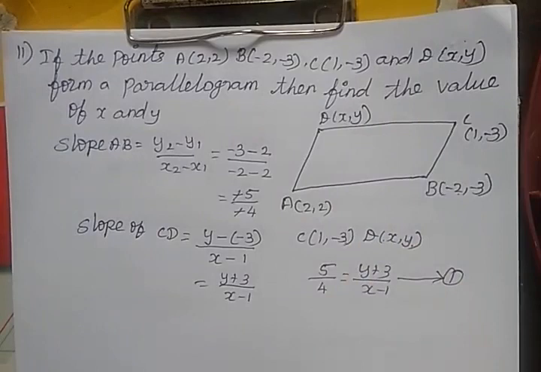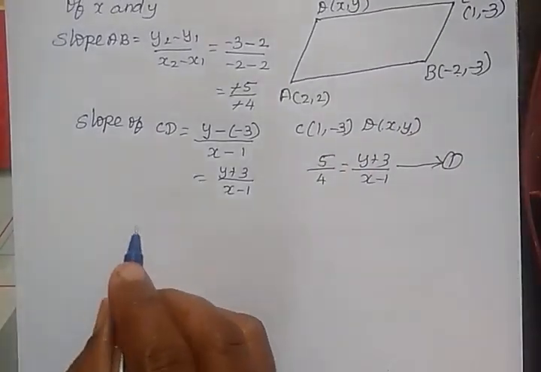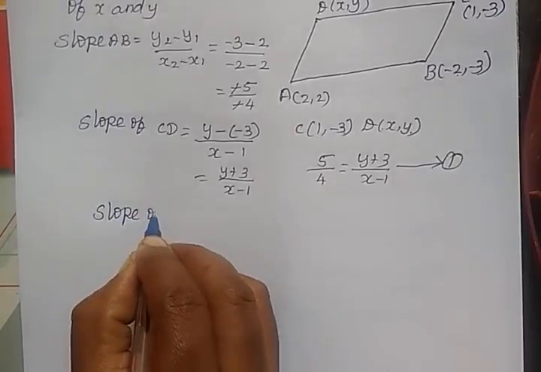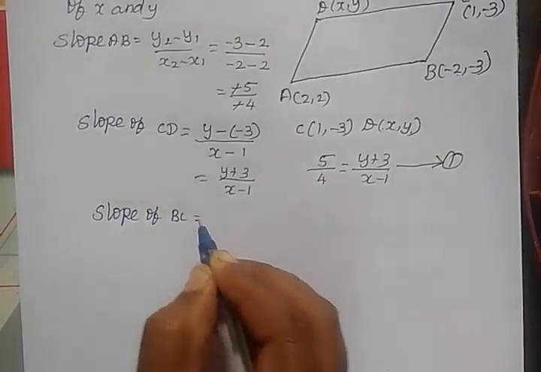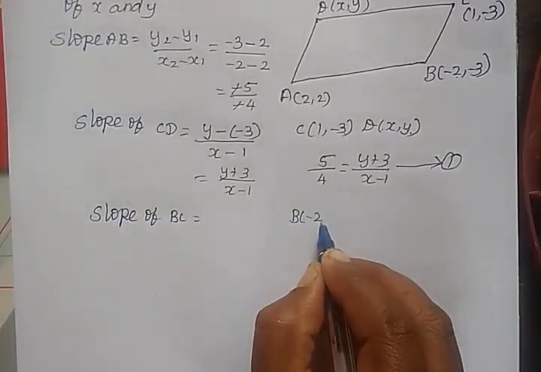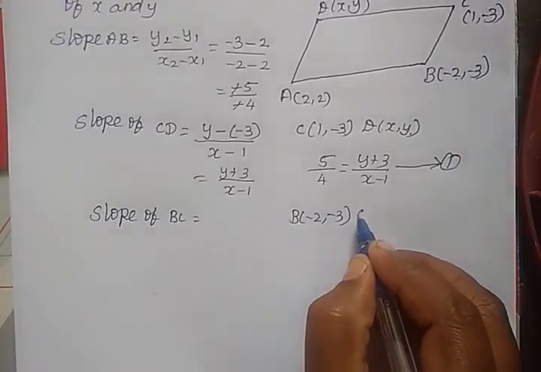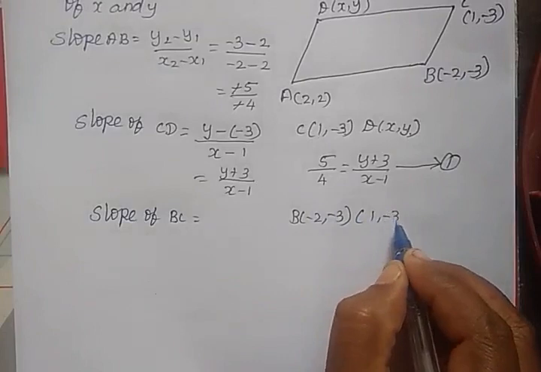Afterwards we solve it. The second one, slope of BC. The slope of BC is equal to, B is (-2, 3) and C is (1, -3).